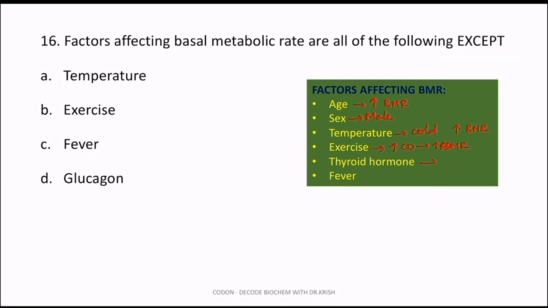This increased heat production causes increased basal metabolic rate. Thyroid hormones, for the same reason, increase heat production, and that is why in hyperthyroidism there is increased BMR. In the same way, in fever there is increased heat production that causes high BMR. So the factors affecting basal metabolic rate are all except glucagon.